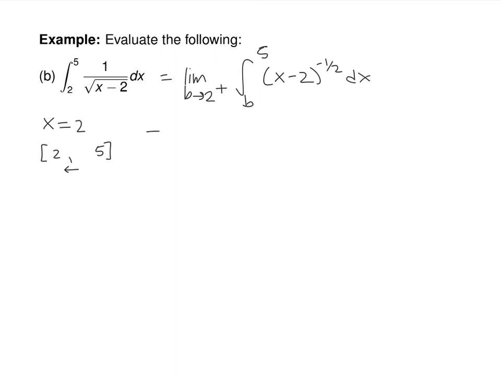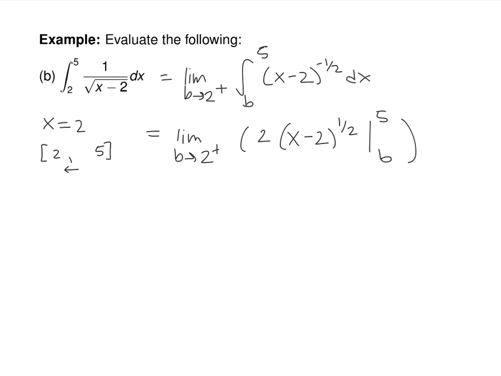So the antiderivative of x to the negative 1/2, well, that's x minus 2 to the positive 1/2 times 2, evaluated from b to 5.